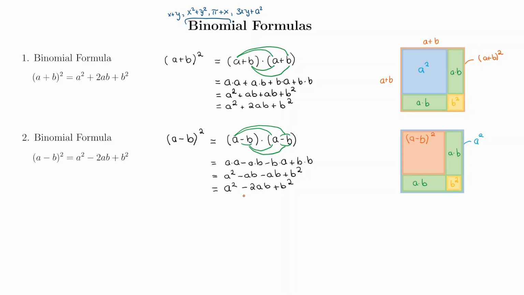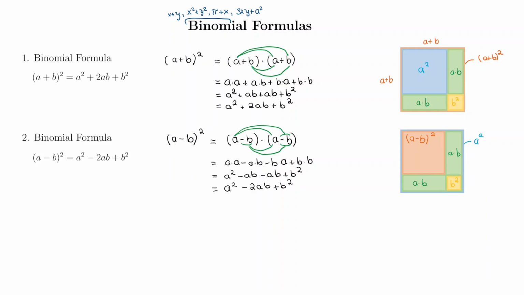We have to subtract 2AB, which are the two green rectangles. But if we subtract from A squared 2 times the green rectangle, well, then we subtracted 2 times B squared. So we have to add 1 B squared again in order to get this formula.